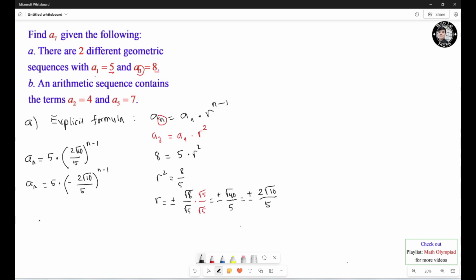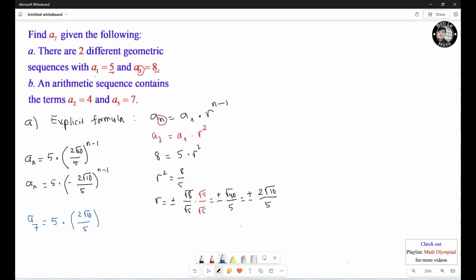So it could be A7. So you substitute 7 for n. So it could be 5 times 2 root 10 over 5 to the.